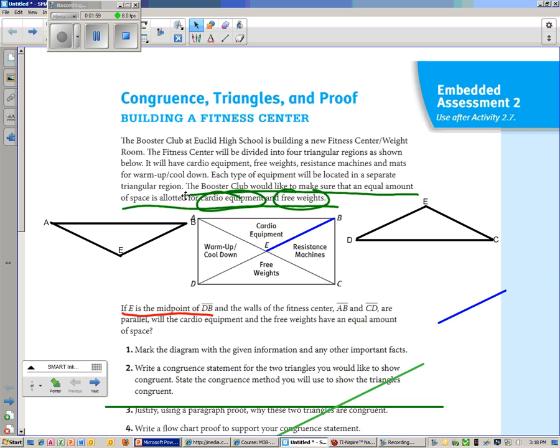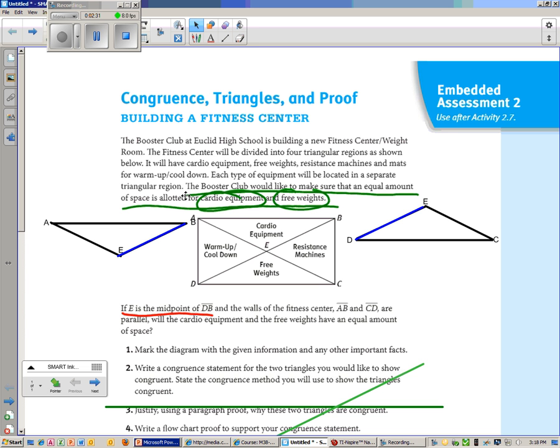So if E is the midpoint of DB, you've created two segments that are congruent. All right. So this segment will be this side of that triangle, and then this segment will be this side of this triangle. All right? So you can see that those two sides are congruent.